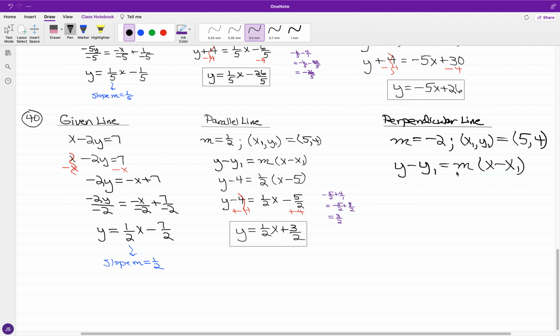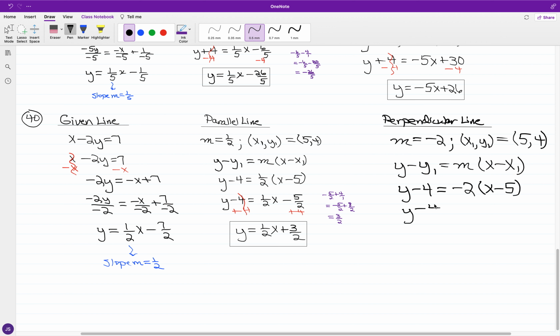So for y minus y of 1, that's going to be y minus 4 is equal to m, which we have at -2, and we have times the quantity of x minus 5. So we got the point slope equation.